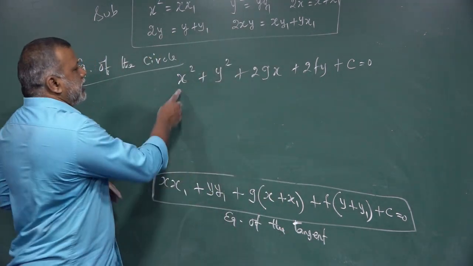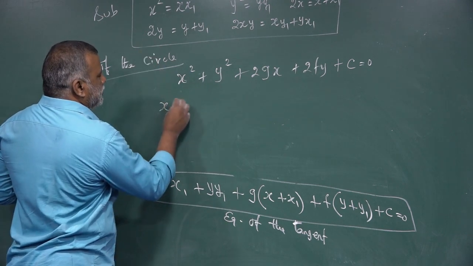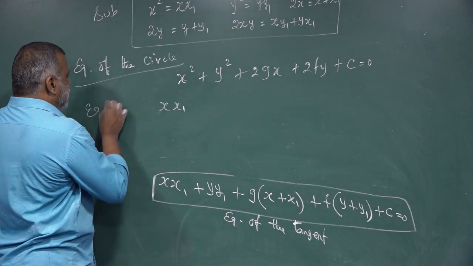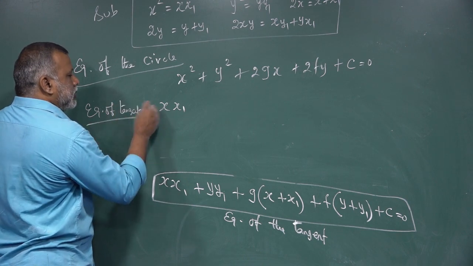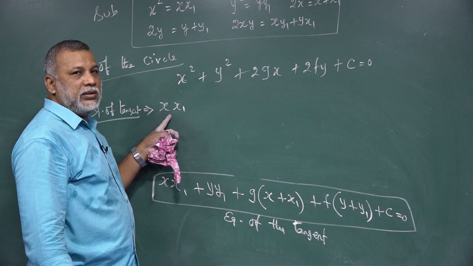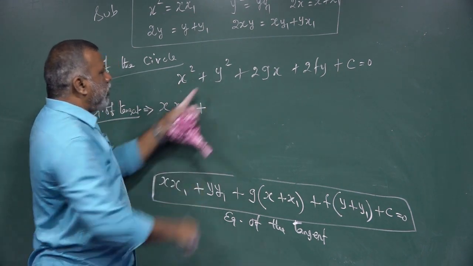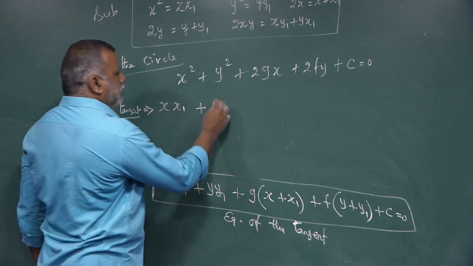Think about it: x squared is replaced by xx1, and y squared is replaced by yy1.